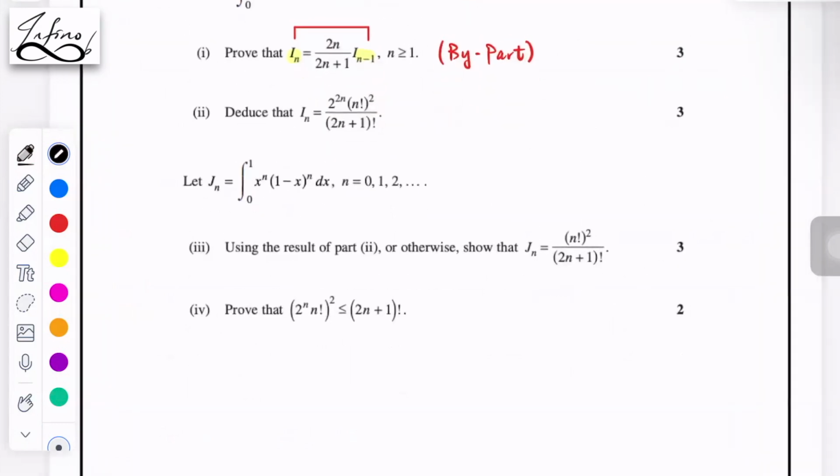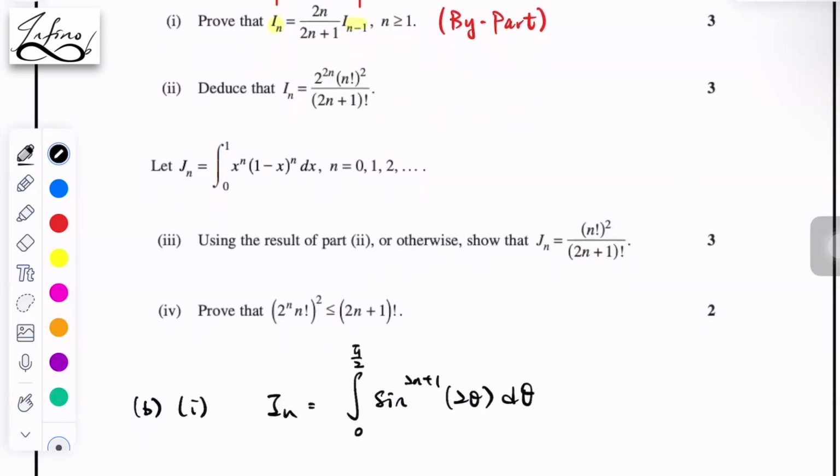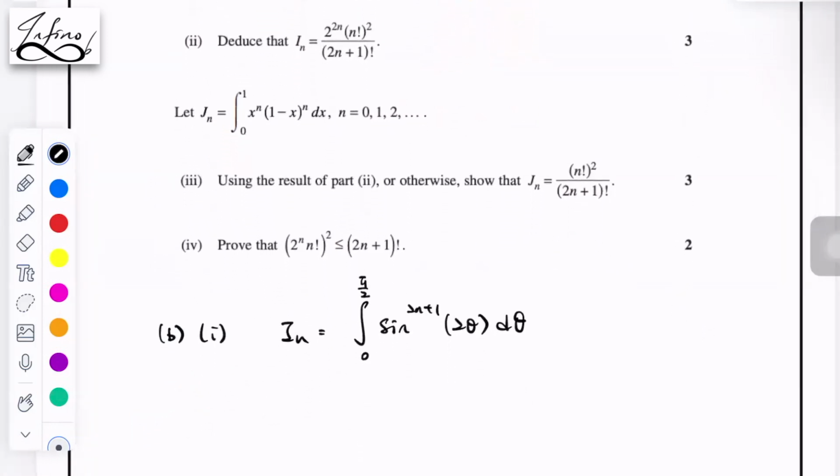So let's do B1 first. B1 said, if In is the integration from 0 to pi over 2 of sine^(2n+1) of 2 theta d theta. So what should we do?